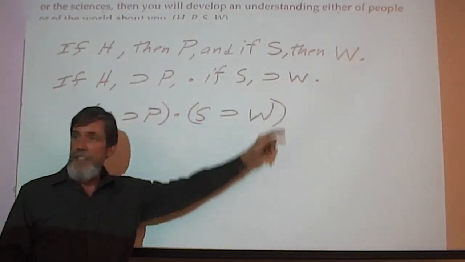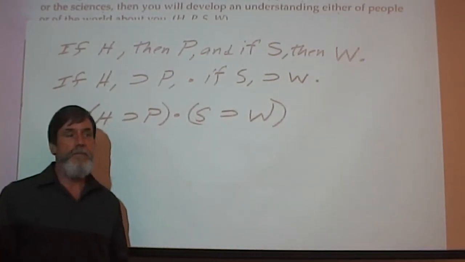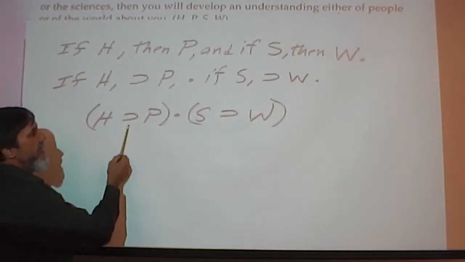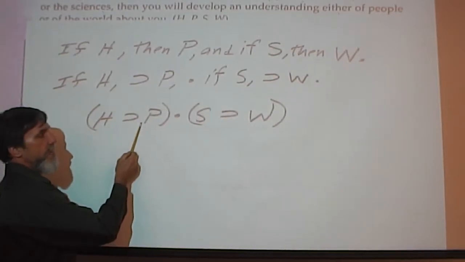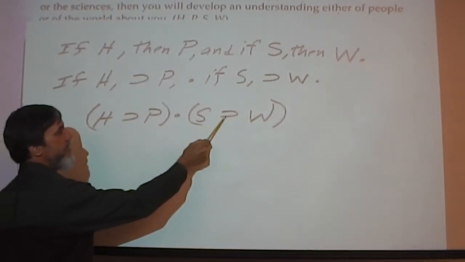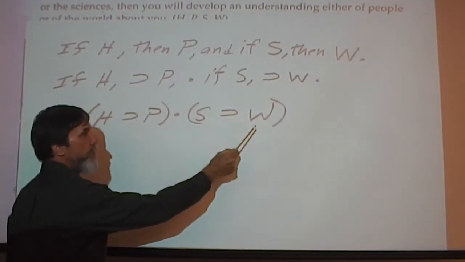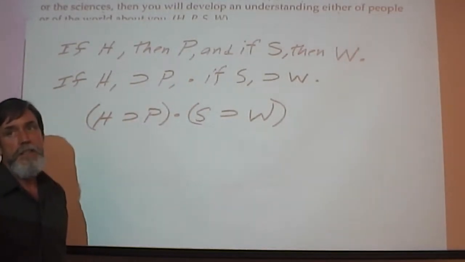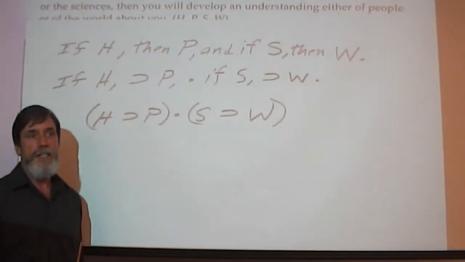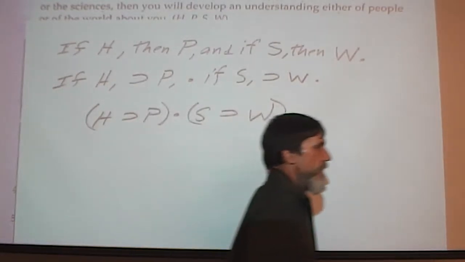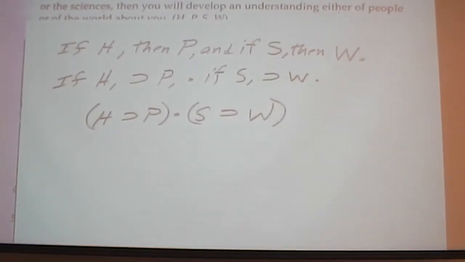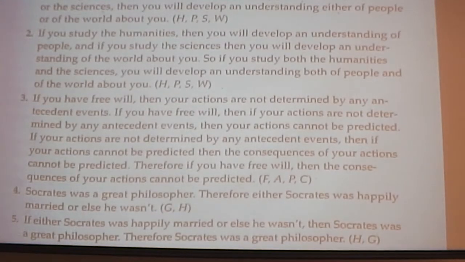I think in this case it is going to be exactly the same. So this is read, if H, then P, and if S, then W, and is that what our first level of translation reads? Okay, let's change that punctuation a little bit and see if it might make a difference.